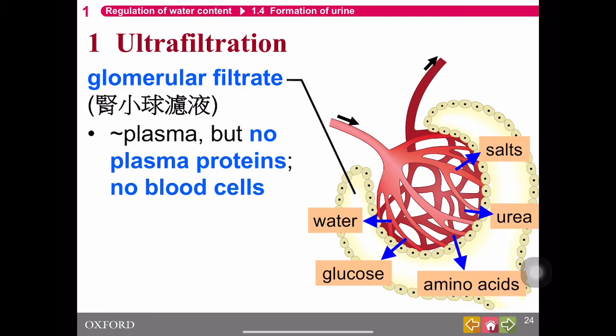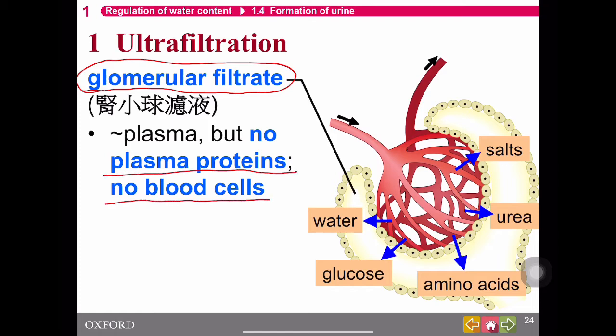And the liquid formed from this filtration is called glomerular filtrate. Its composition is similar to plasma, without plasma protein, and of course no blood cells, because they are too big to pass through the wall of the glomerulus, the capillary.